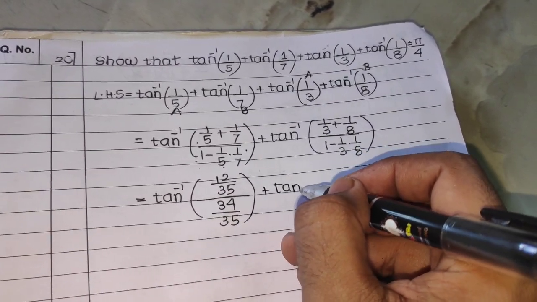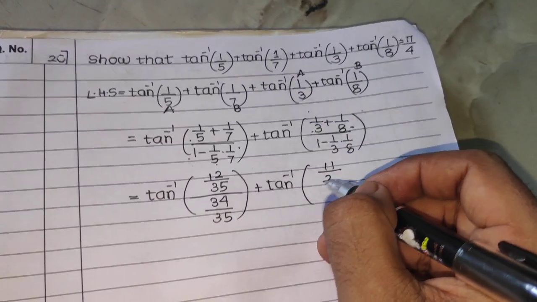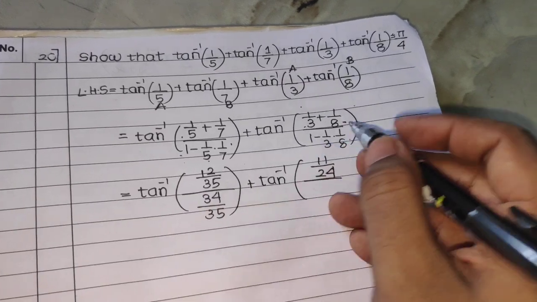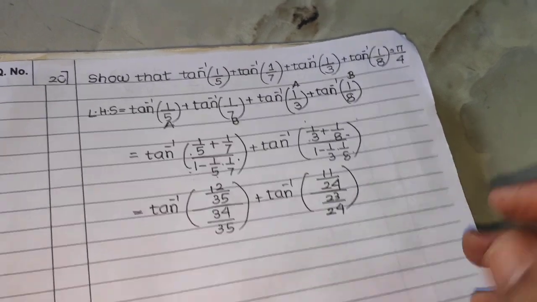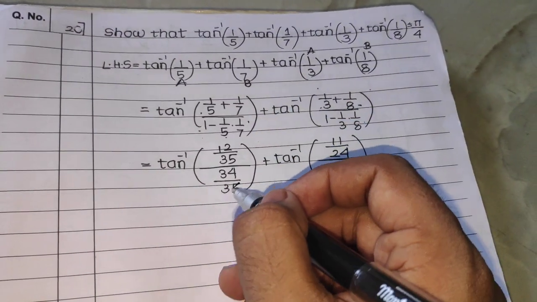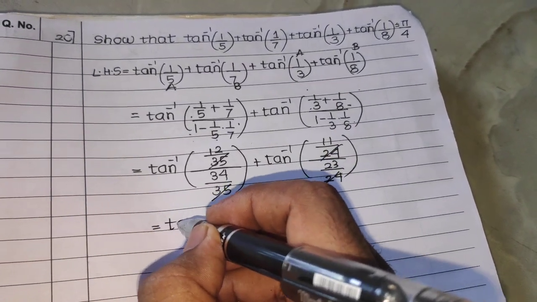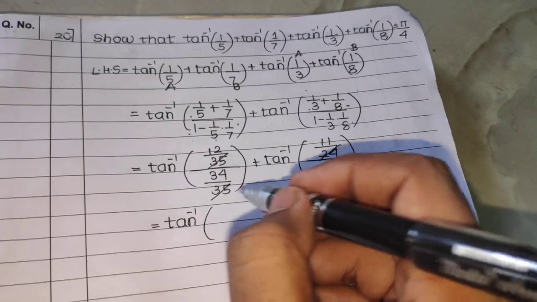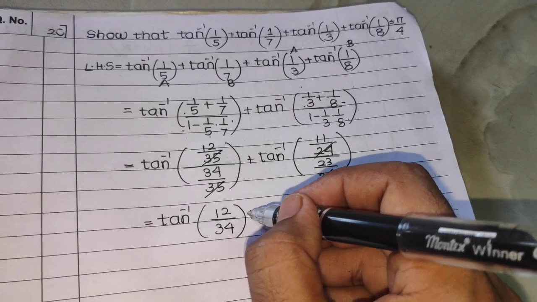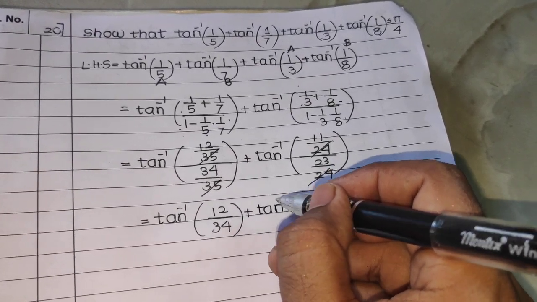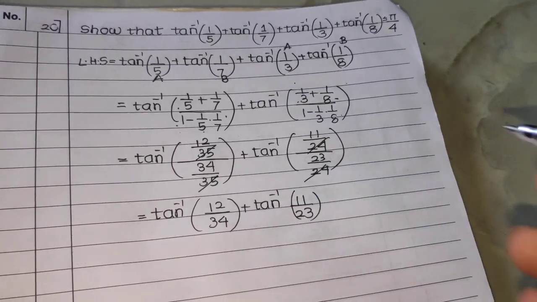Similarly, this will be a tan inverse of 8 plus 3, 11 upon 24. 24 minus 1, 23 upon 24. So we are left with tan inverse of 12 upon 34 plus tan inverse of 11 upon 23.